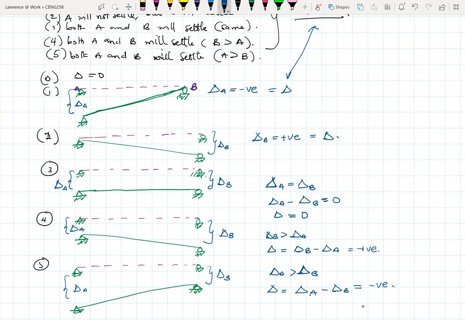All right, so you find these scenarios when you're looking at the slope deflection method.